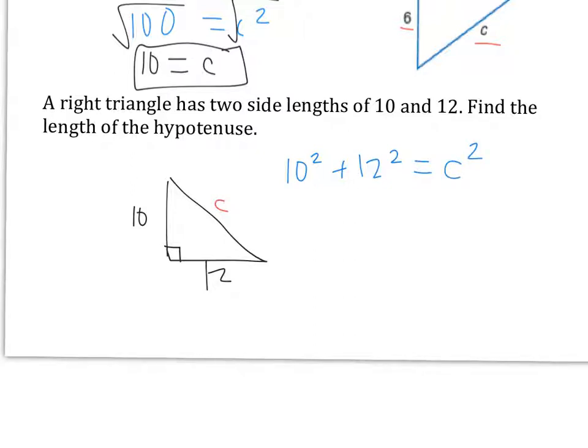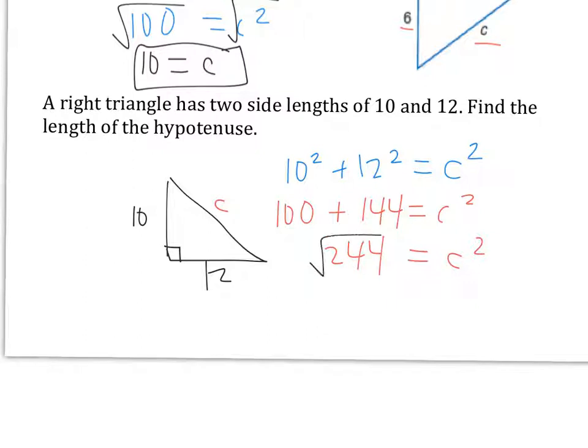And so here I have 10 squared, which is 100, 12 squared, which is 144, and 100 plus 144 is 244. And I should probably not write 244 on that side. I should just write c squared. And so 244 equals c squared.